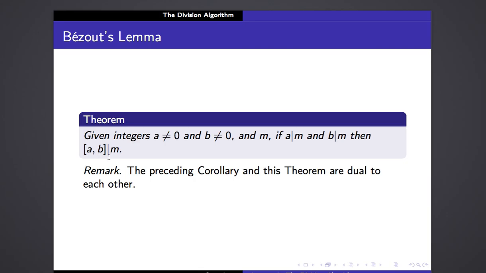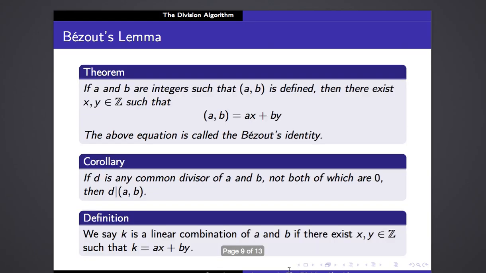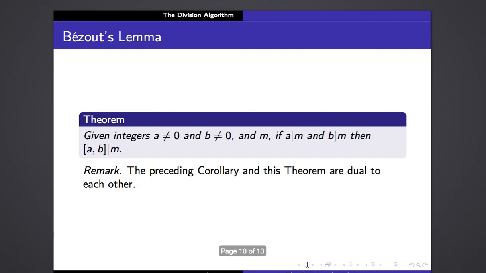You may see some connection, a relationship between this and the previous corollary. In fact, if you thought so, you are right. So what's the connection? In fact, this corollary and this theorem are dual to each other.